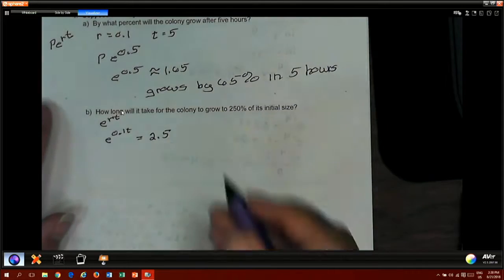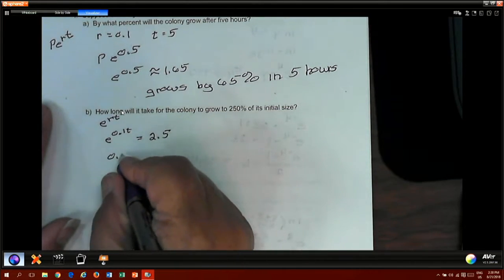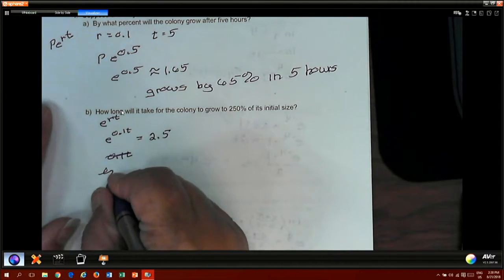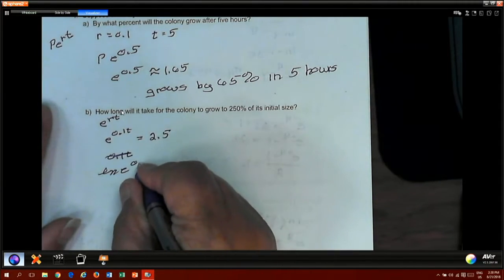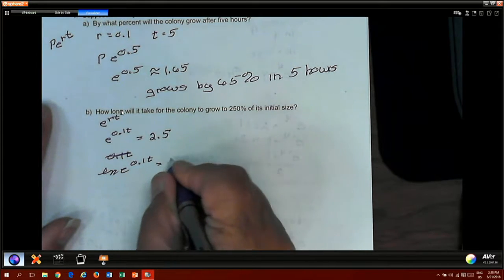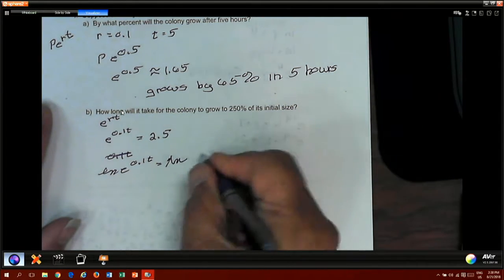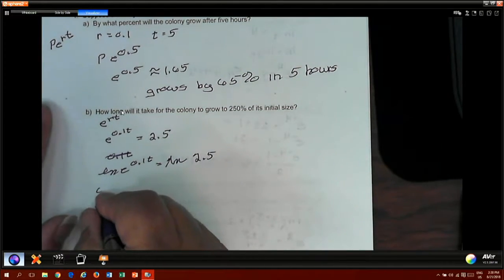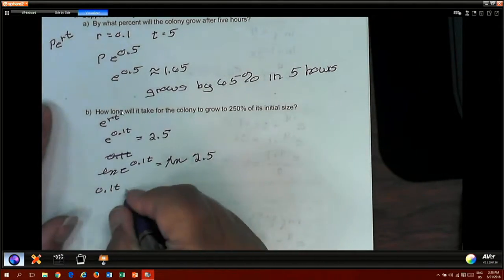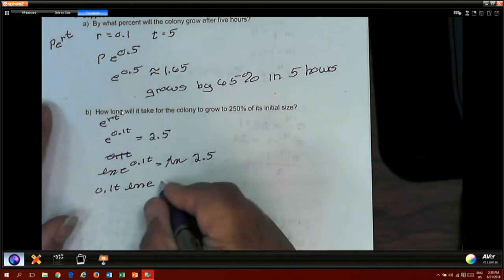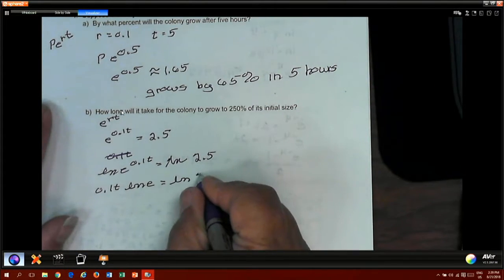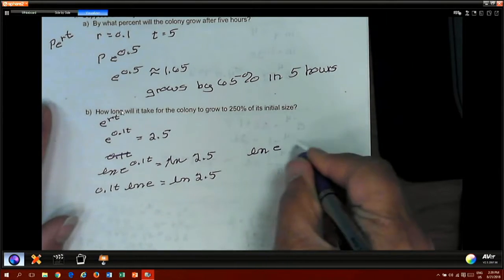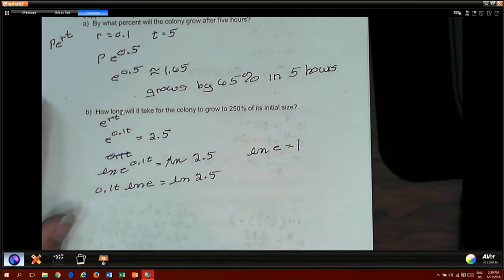So if we take the ln of both sides, we have ln of e to the 0.1t equals ln of 2.5. Bring the 0.1t down in front. Where it just so happens that ln of e equals 1.